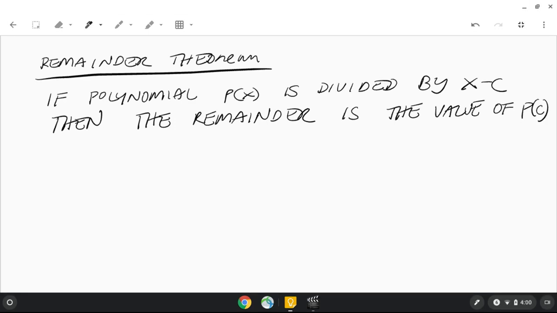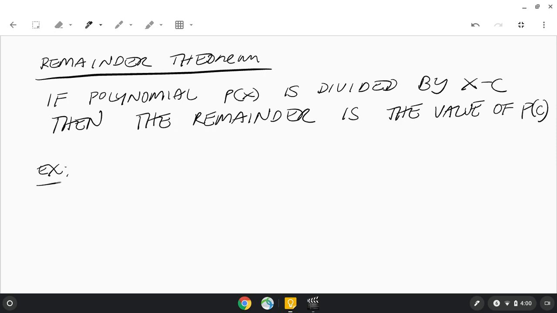Okay, so let me show you what that means. Do you remember when we were evaluating functions, like you had a function and it said, find f of 2? You would take that 2, plug it into the function, replace all the x's with 2, and then work it out, right?